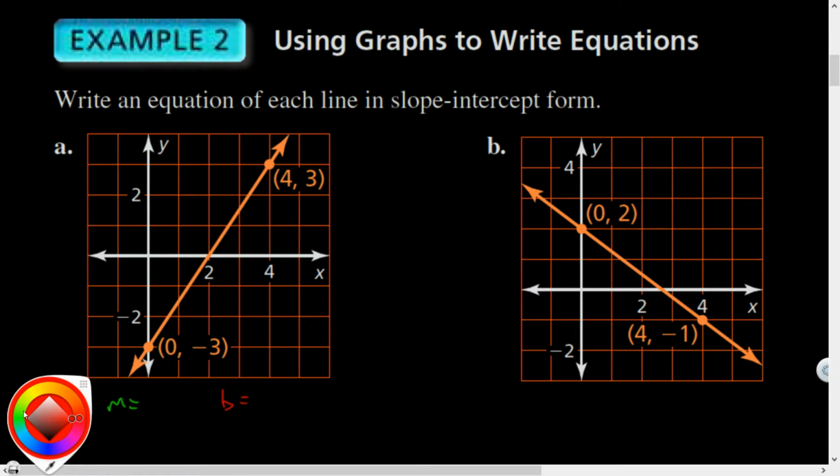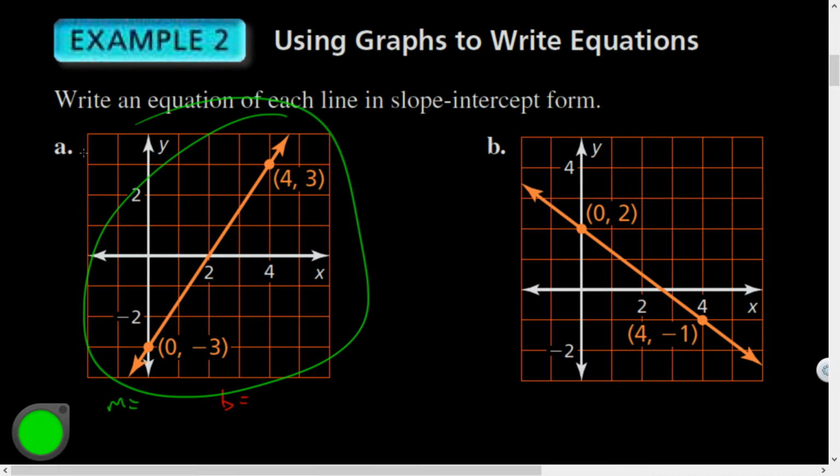Does anyone have a suggestion as to how I could find the slope of this line? Now, I know, Tyler, you were working with some con the other day. Do you have some clues? How did con help you out? Do you remember? What was the first thing you were doing?